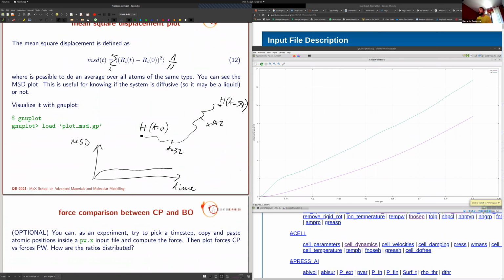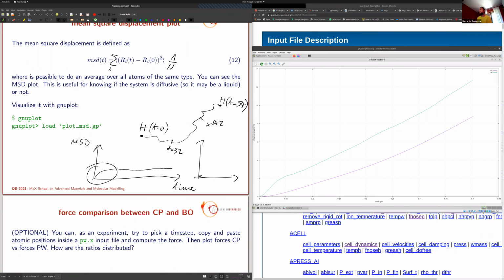After an initial transient moment, you can have some equilibrium behavior, and if the system is liquid or a gas, it is a line with a constant slope.